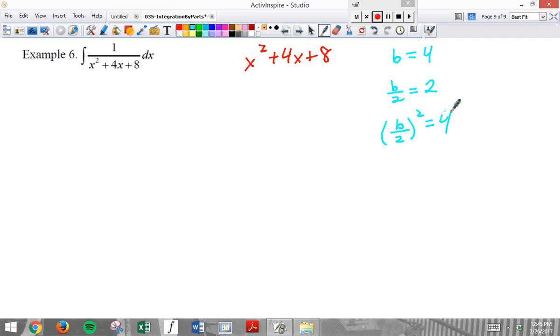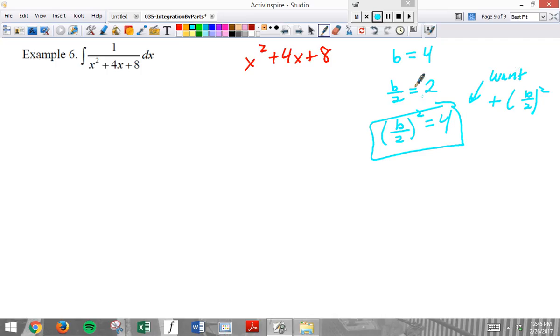And that's the square everyone's talking about. So I want this plus b over 2 squared. In order to complete the square, I want a positive b over 2 quantity squared. What's that going to be in this case?